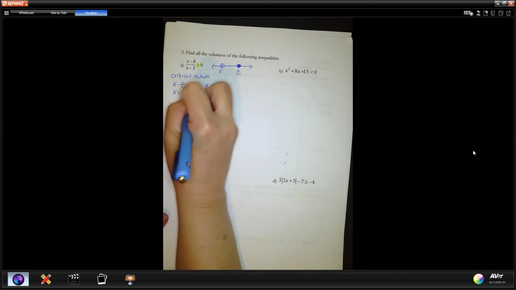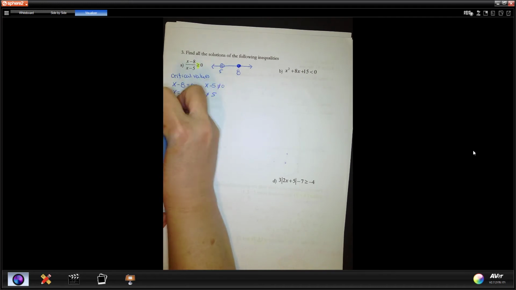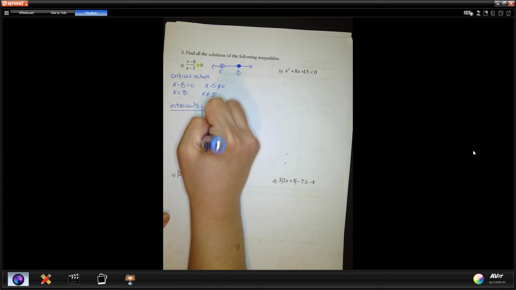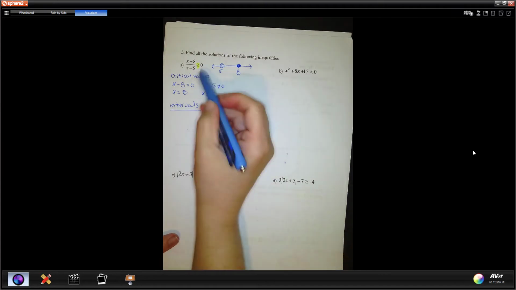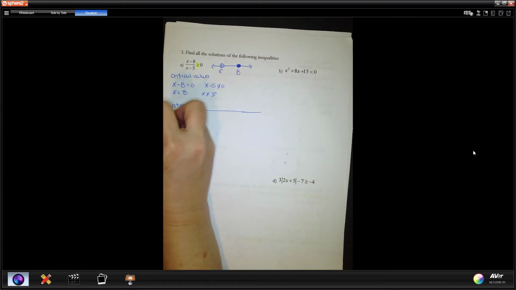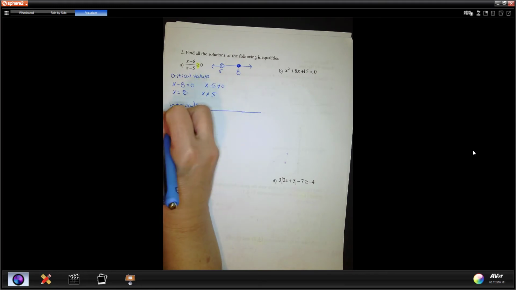So now we're going to set up our intervals. And then we're going to do a kind of a little test value, yes or no, do they work? So our first interval goes from negative infinity to 5. And notice that 5 is not included.